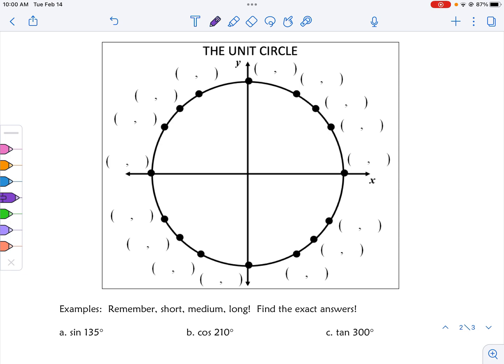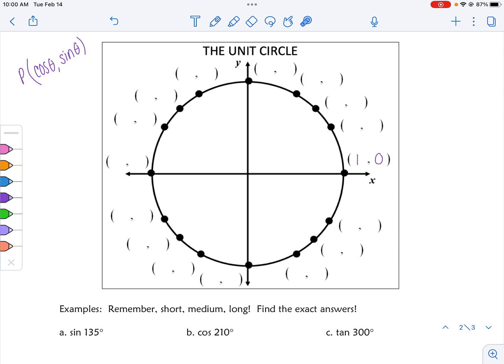Building our list, let's start with the xy axis. Again, the radius is 1, so this point right here would be 1, 0. Keep in mind the cosine of the angle and then the sine of the angle. So if this was my angle, starting here, ending here, the cosine would be 1, the sine would be 0.